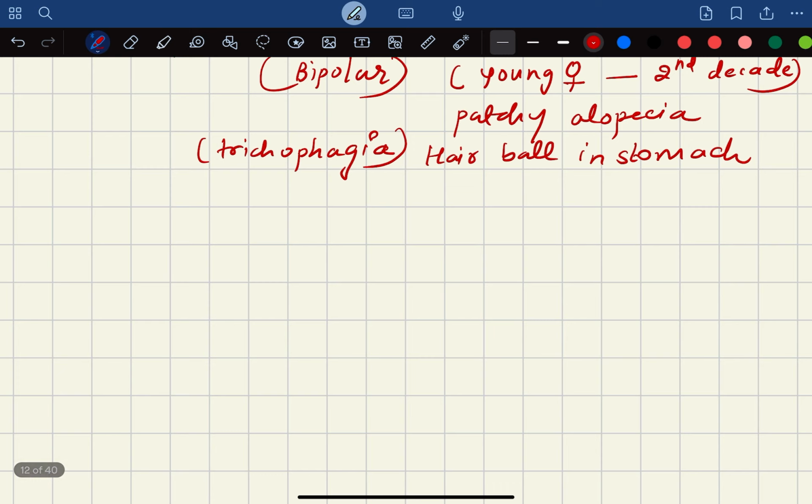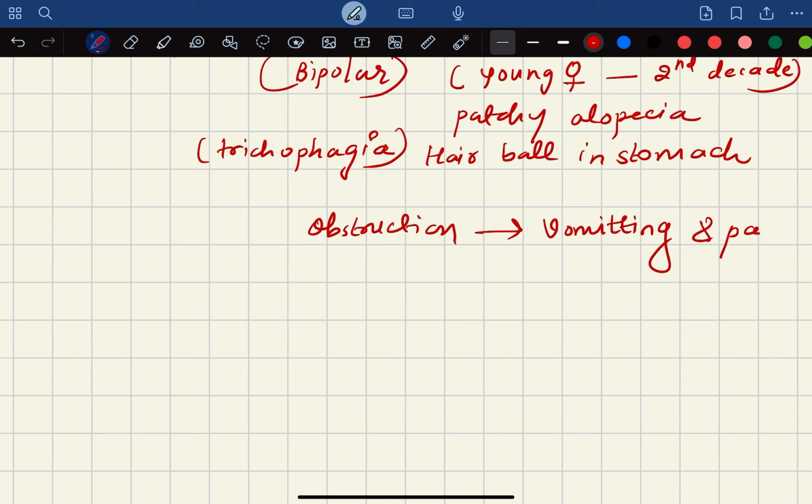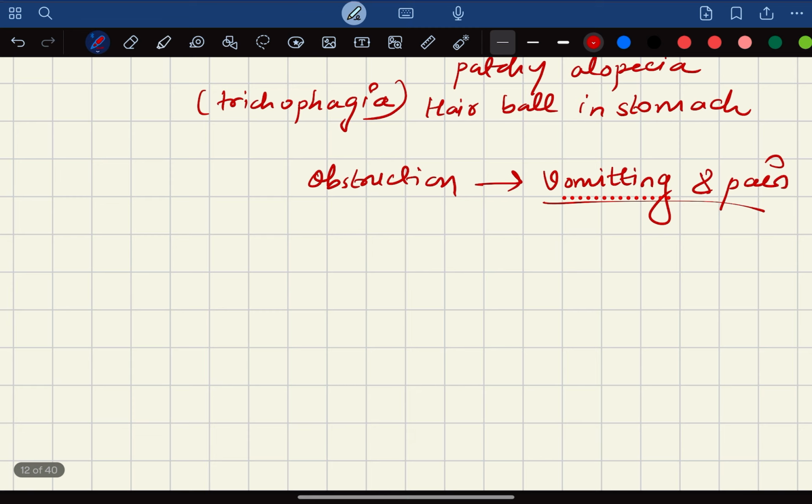Now the presentation will be obstruction, so vomiting and pain. It can also be called Rapunzel syndrome.